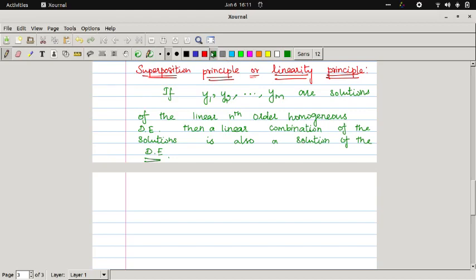Now I give some remark. Please be careful, this result is only true for homogeneous linear differential equations.